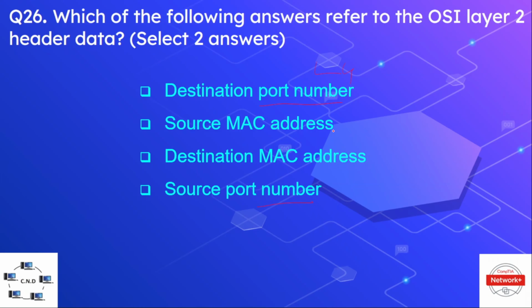So the two port numbers work at layer 4, while the source and destination MAC addresses basically work at layer 2, the data link layer.